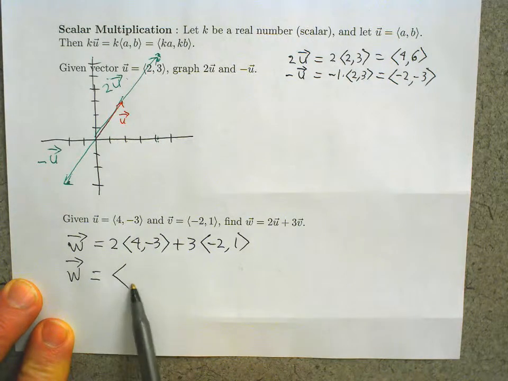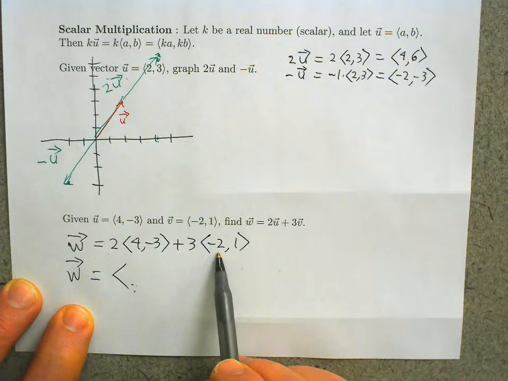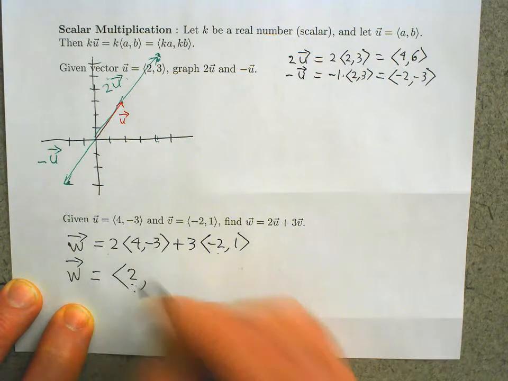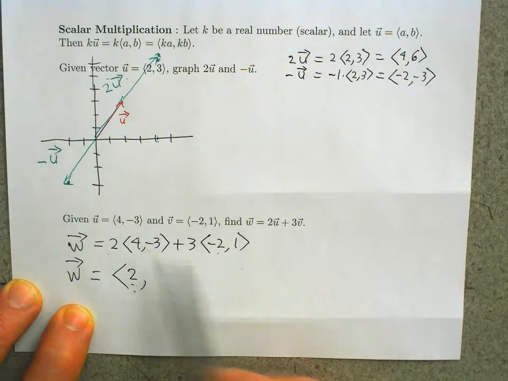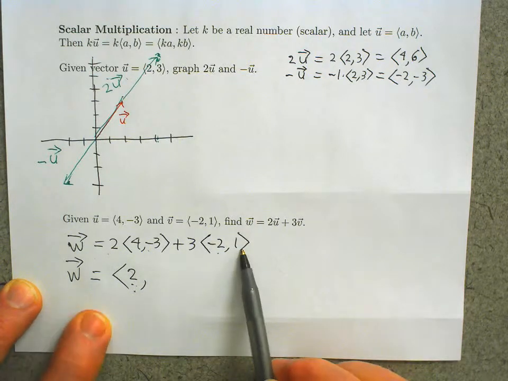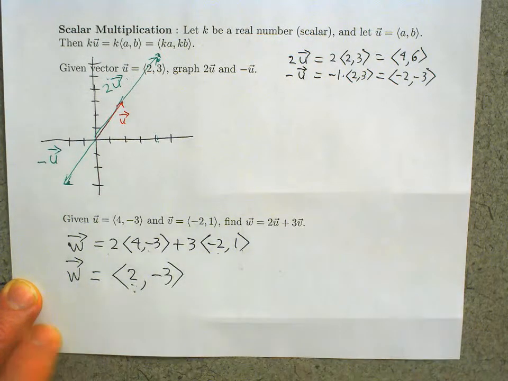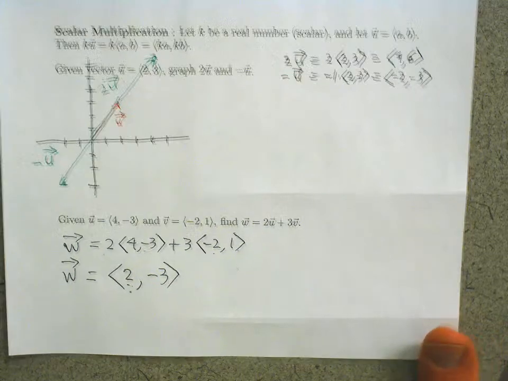The first component for w is 2 times 4 plus 3 times -2, or 8 minus 6, which is 2. Then the second coordinate, 2 times -3 plus 3, is -3. Okay, next page.